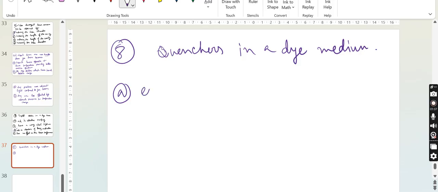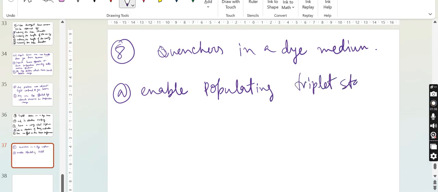No, it doesn't enable that; its main purpose is to depopulate the triplet state. B, act as scatterers in lasing media.